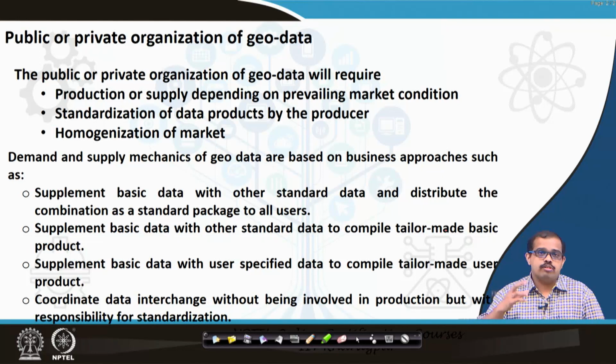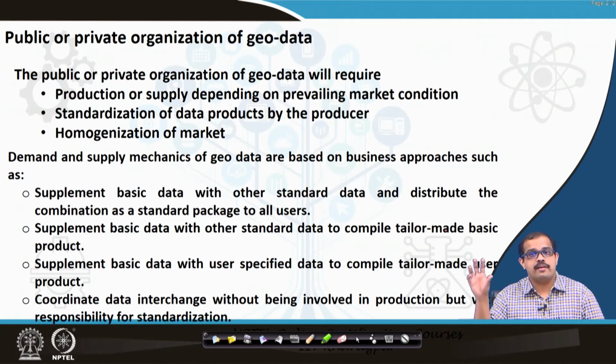And when you look at demand and supply mechanics of geodata, it is basically a business approach. Okay. So, you should look at supplementing basic data with the standard data if it is possible, and distribute the combination as a standard package to all users. That is what most of the public companies do till now. Or supplement basic data with other standard data to compile a tailor made basic data.